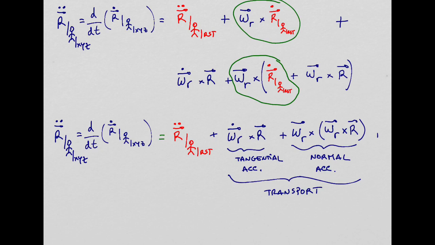And you have a last term, which is the infamous what? When you have 2 times the angular velocity cross product with a relative velocity. What is the name of this last term?